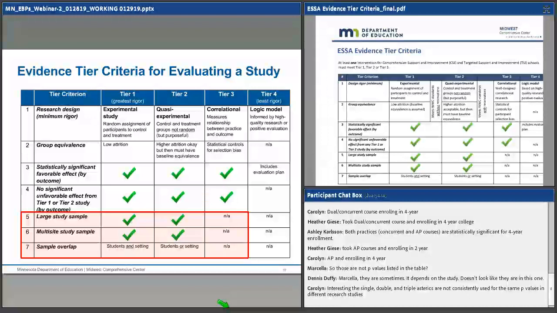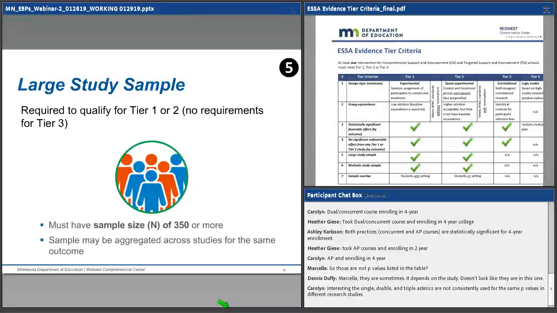The criteria are that for tiers 1 and 2, there is a large study sample, that the study is conducted across multiple sites, and that there's some overlap between the characteristics of the students in the study and the students in your school or your district, and or that there's some overlap between the setting of the study and the setting of your district or school, okay? We'll talk about what that means.